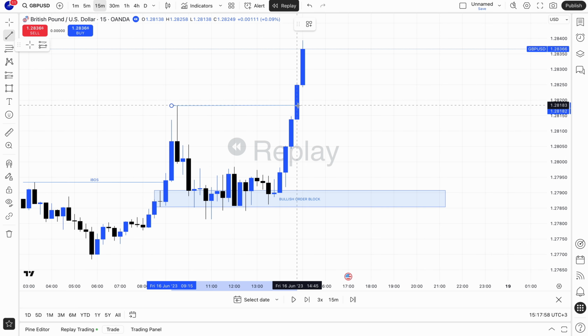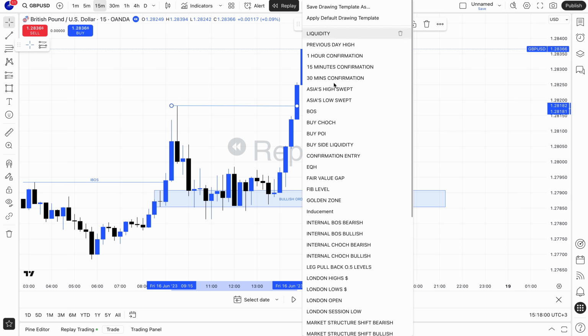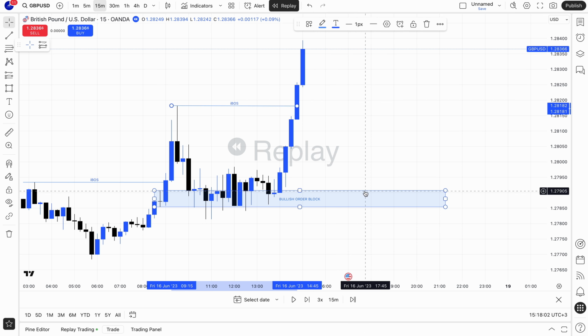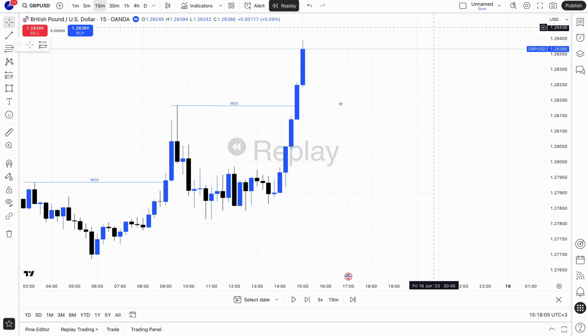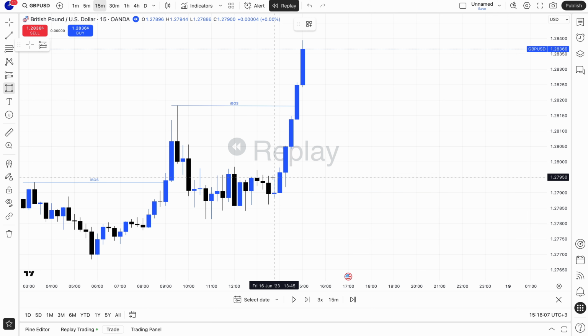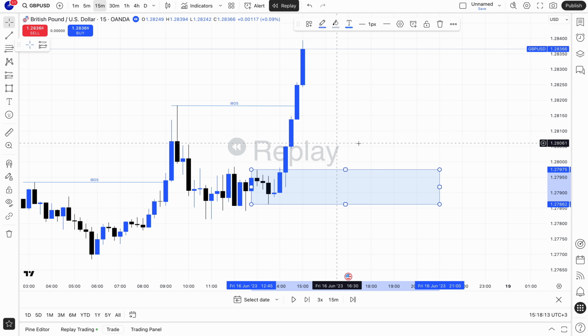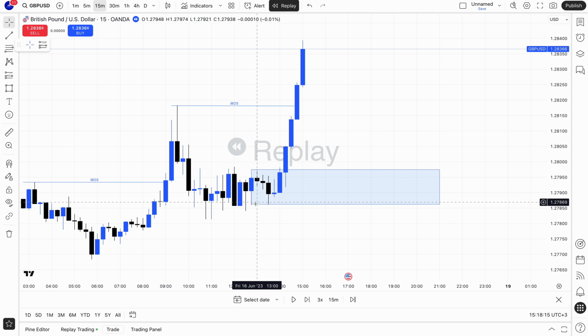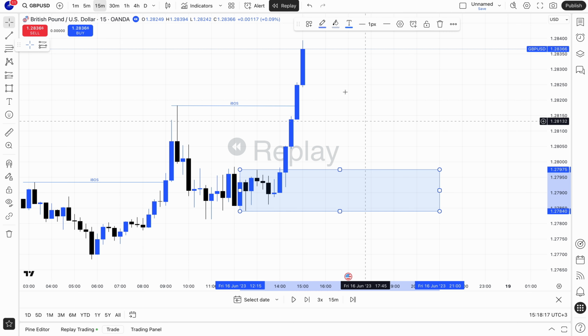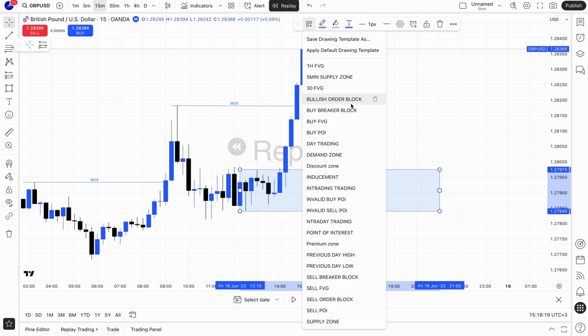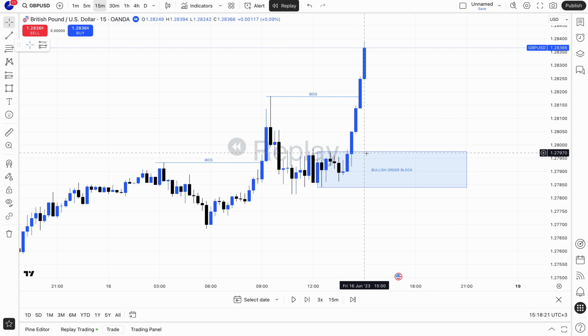And it's not advisable to trade during news, unless you have some knowledge and you did some research about fundamental analysis, about news. Then you're good to go. Okay? Then this is our demand zone here. Our bullish order block.